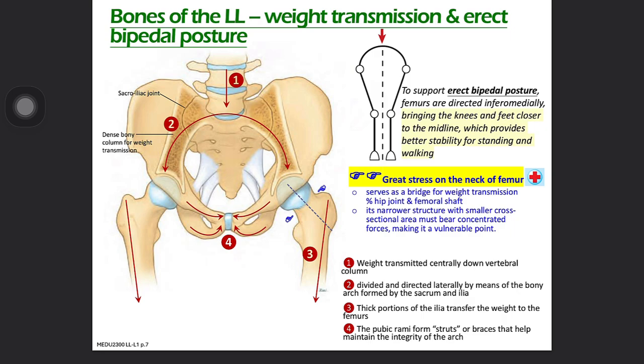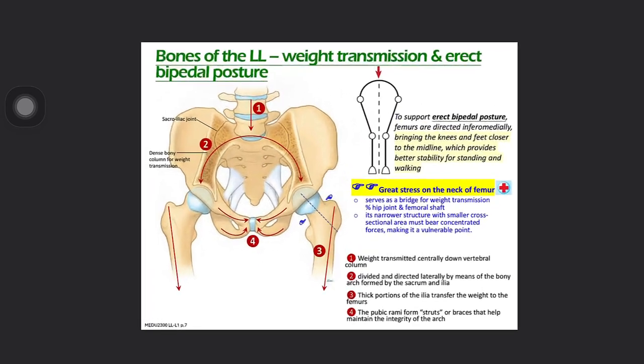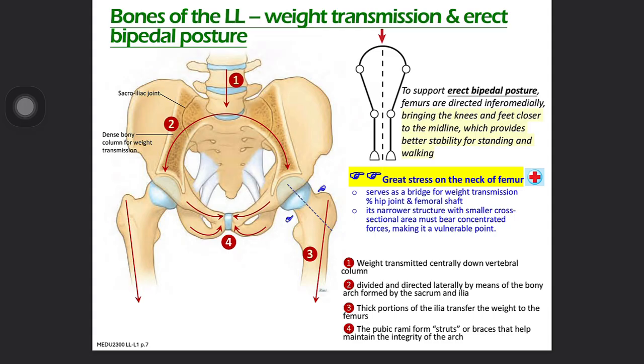Women getting old, right? They may have osteoporosis because of the menopause. After the menopause, estrogen cannot be kept at a good level, so the bone mass may be lost, right? Okay.